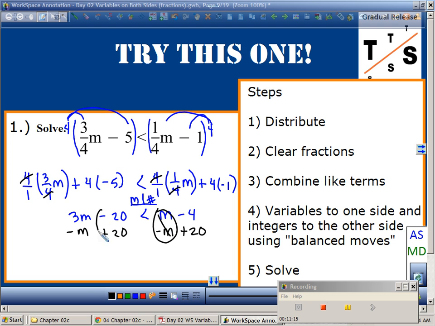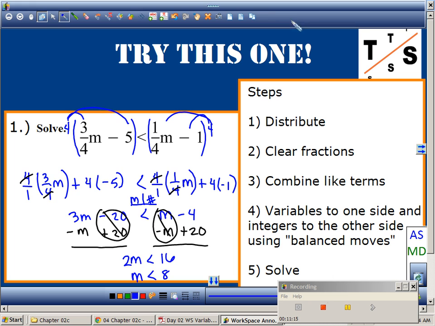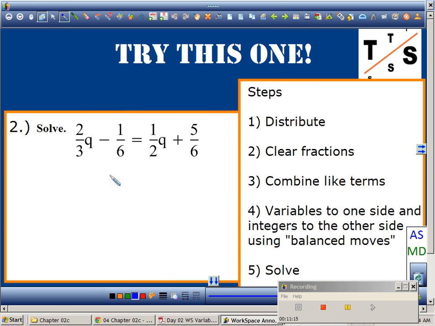These go away. These go away. I'm left with 3m's minus 1m is 2m's is less than 16. If 2m's is less than 16, what is 1m less than? 8. Good job, guys. Got this one. Try this one.